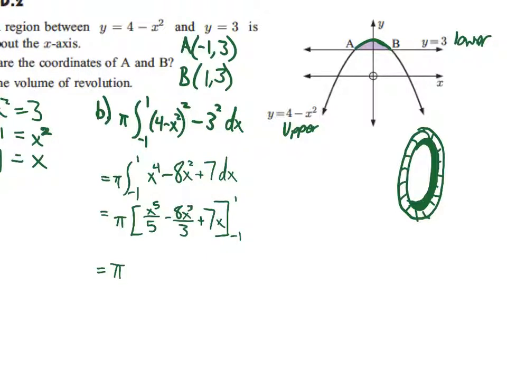Notice pulling out the pi like this really makes it easy because you don't have to mess with that until the very end. Okay? So if I plug in 1, it's going to be 1/5 minus 8/3 plus 7, minus, if I plug in a -1, it's going to be a minus 1/5, a plus 8/3, and a minus 7.